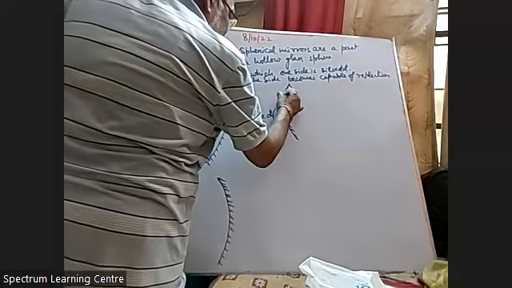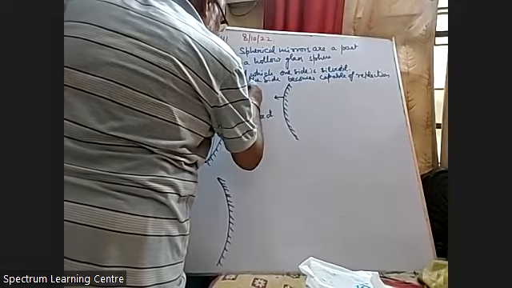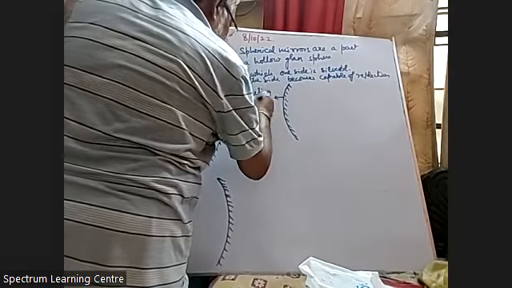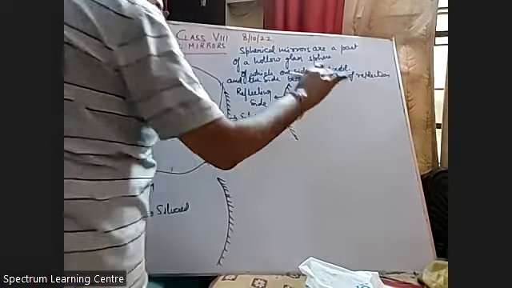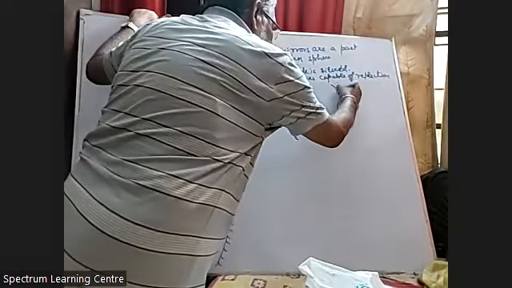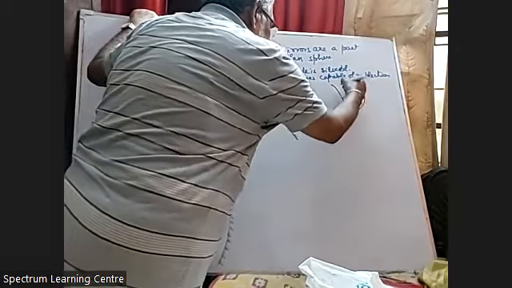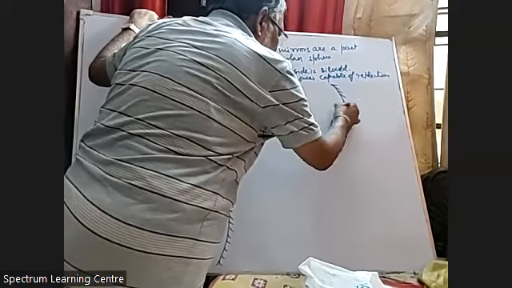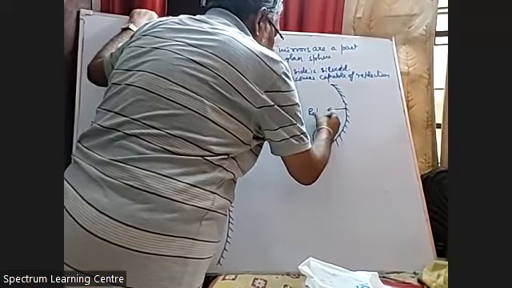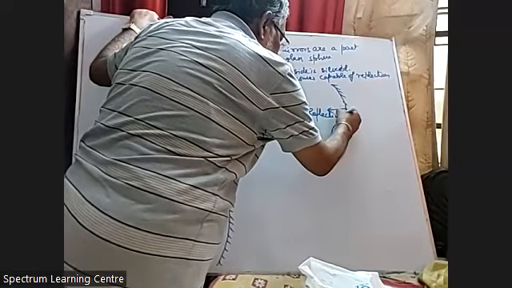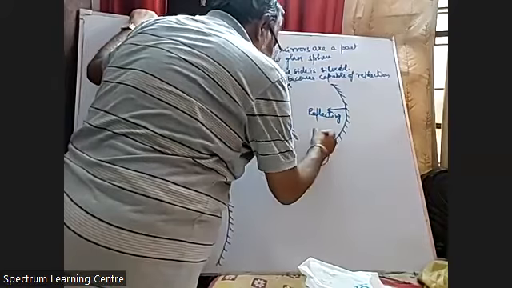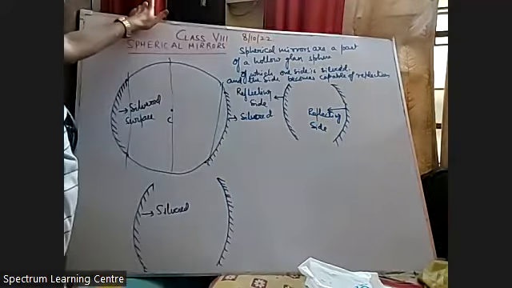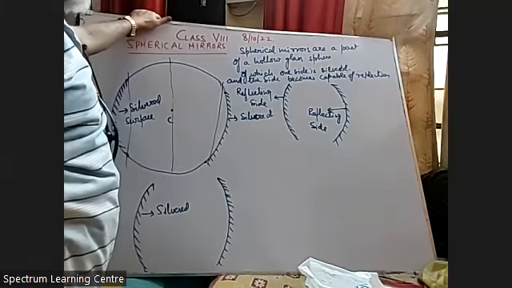So this is called the reflecting side. I'm not naming the mirrors right now. This becomes the reflecting side. Clear? Is this clear? Shall I go ahead?